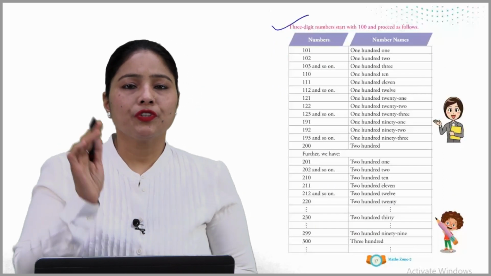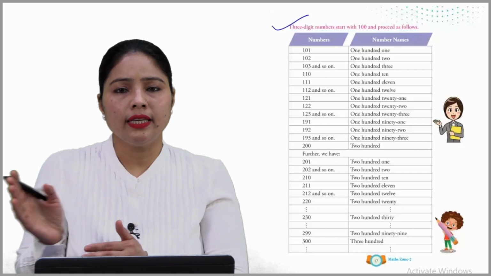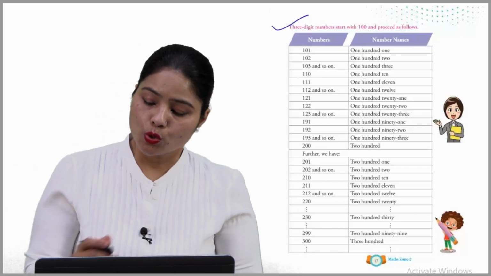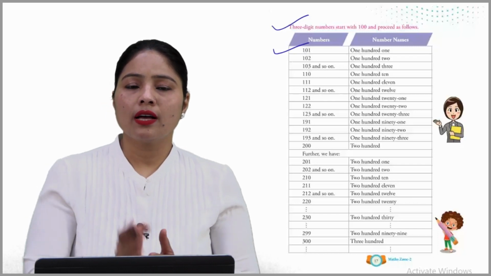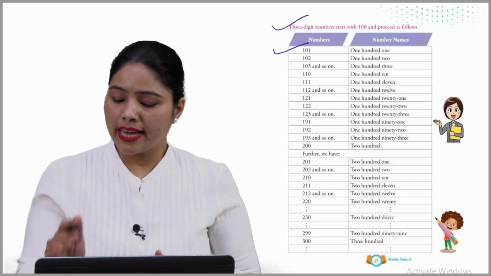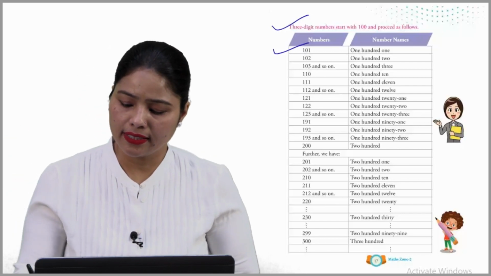So now 3 digits number start with 100 and proceed as follows. Okay, so first number is 101. So number name क्या होगा? ONE 1, HUNDRED 100 and ONE 1 like this.